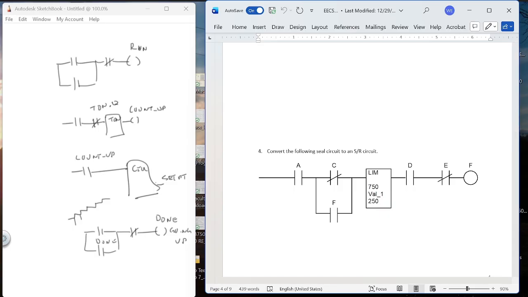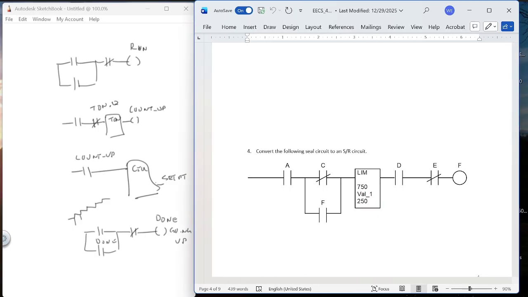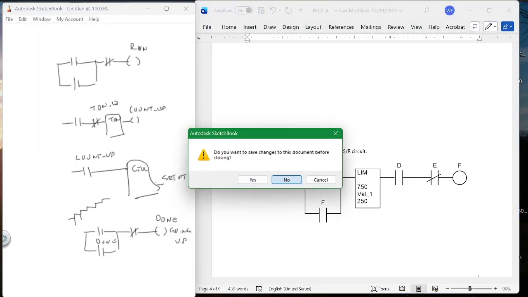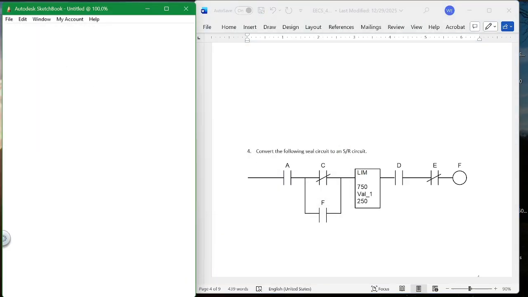Well, it's a LIM, but you turn the upper and the lower around. So the opposite of LIM 750 val 250 is LIM 250 val 750.